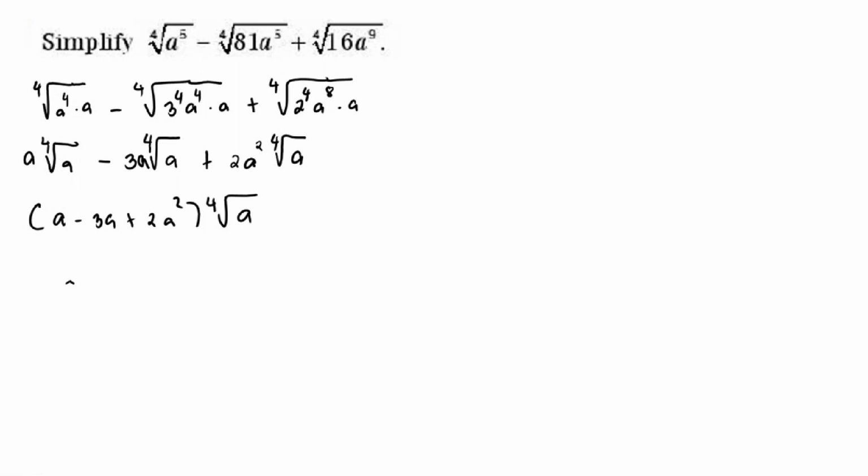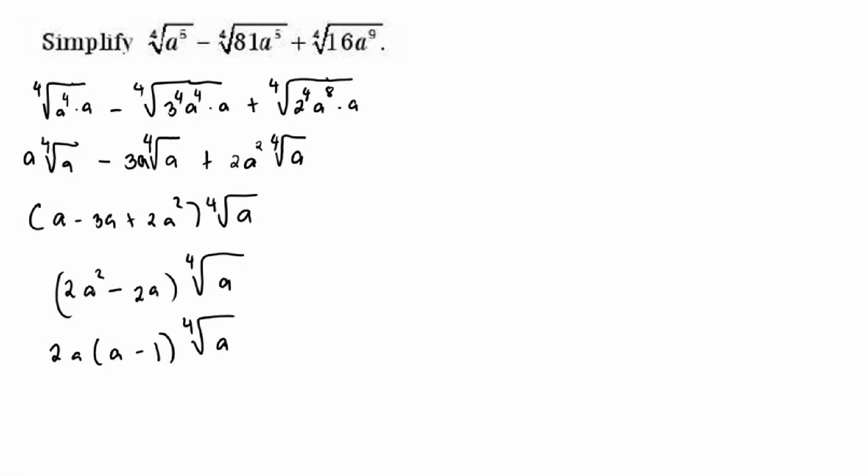So I can write now 2a squared minus a minus 3a is 2a, quantity to that, and then the fourth root of a. Or you can simplify this further, wherein there is a common factor of 2a. So you can write now 2a times a minus 1, times the fourth root of a. So either of the two answers are accepted.